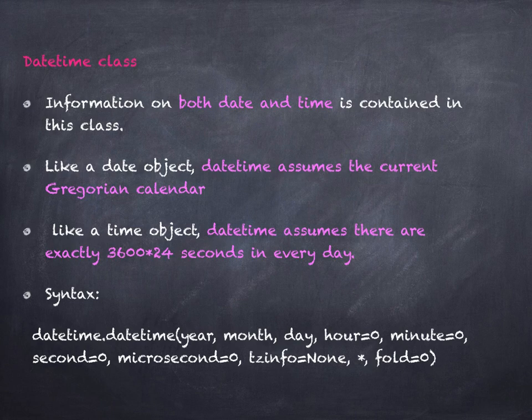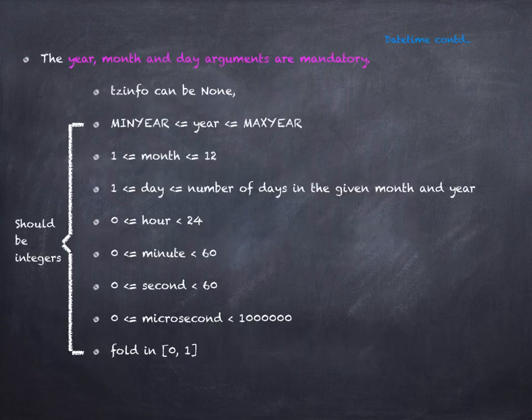The remaining are optional. If you don't specify those arguments, they will be taken as 0. The year, month and day arguments are mandatory, and tzinfo, if not given, is None.